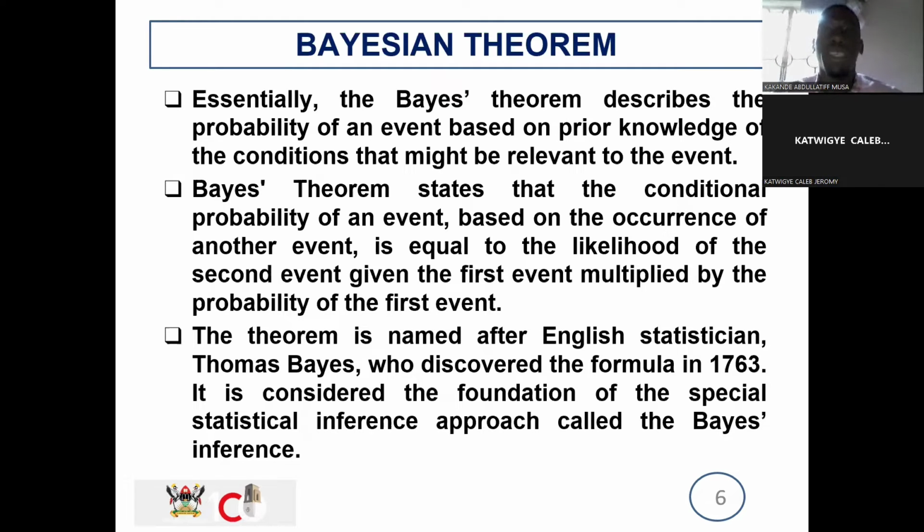Bayes' theorem basically is a law we all know from our mathematics class. Basically, this was done even during our computer architecture. Bayes' theorem describes the probability of an event based on prior knowledge and the conditions that may be relevant to the event.